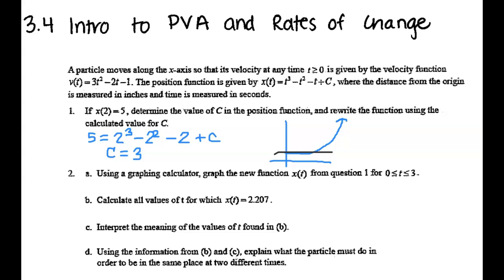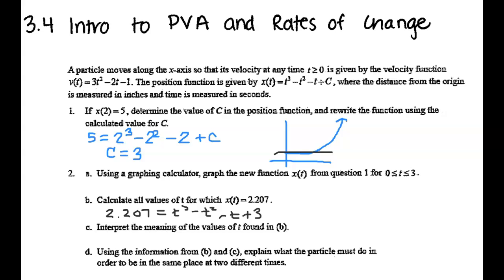You could also say 2.207 is equal to t cubed minus t squared minus t plus 3.